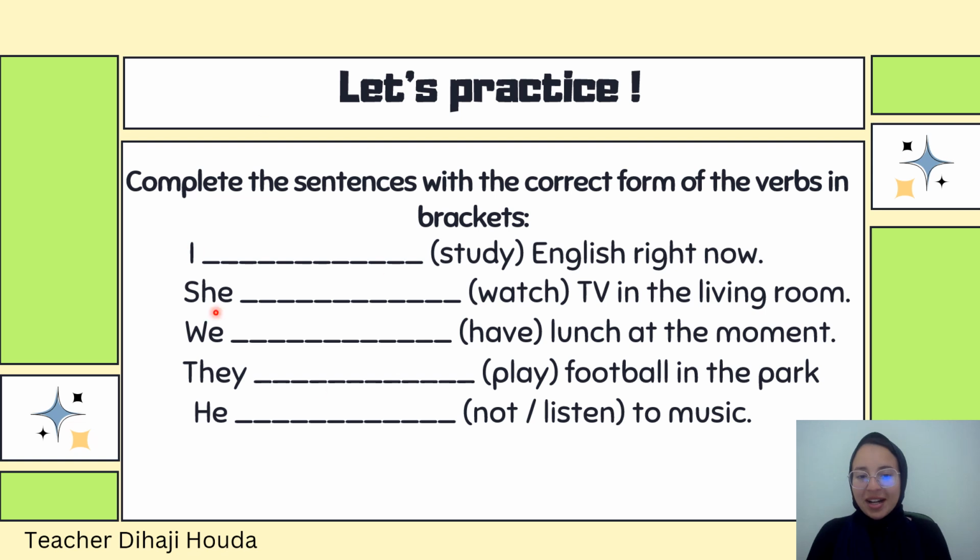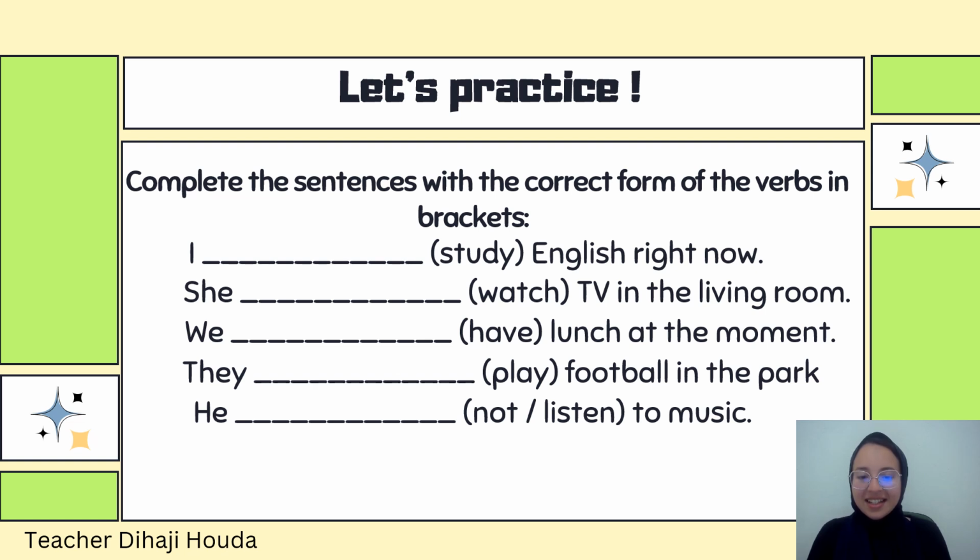So let's practice, guys. Let's see how far we've come. The question is complete the sentences with the correct form of the verbs in brackets. The first sentence is, and we have the verb study, English right now. This is what you're doing right now. You're studying English. Oh, I said the answer. Yeah, so the answer is I am. Let's choose another color.